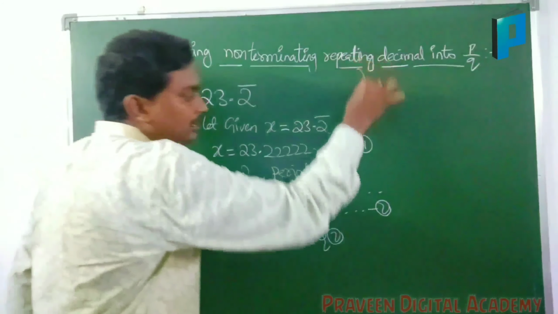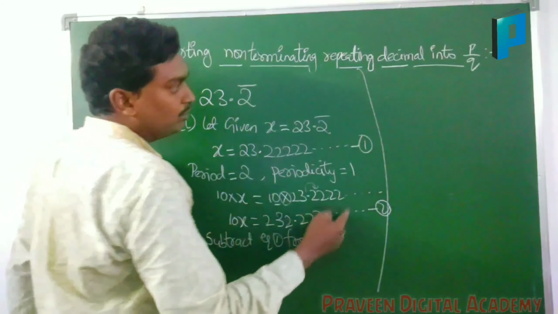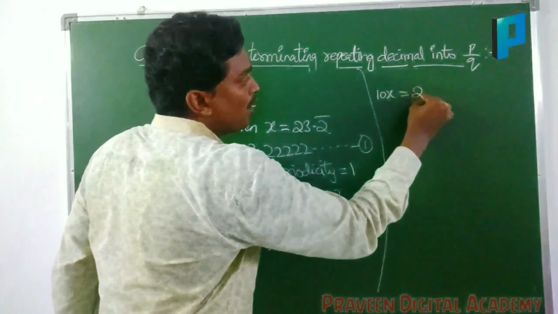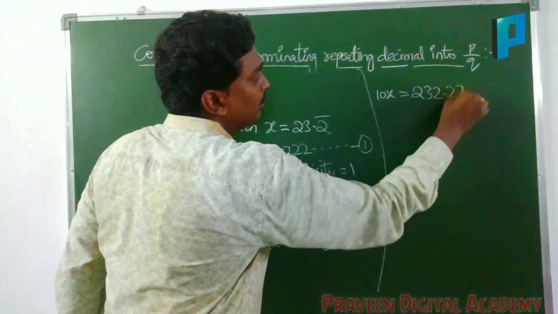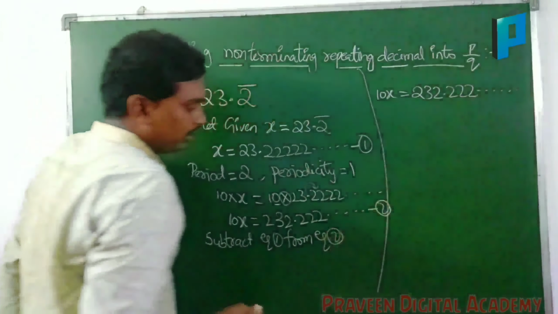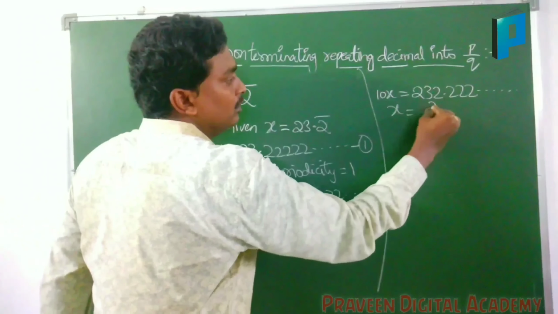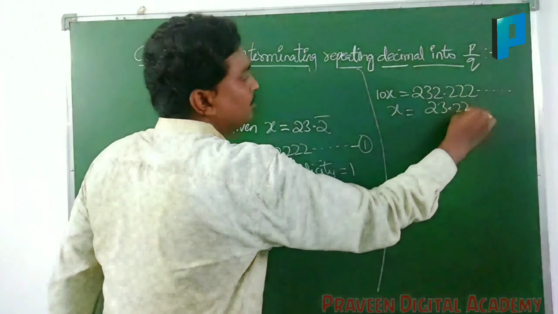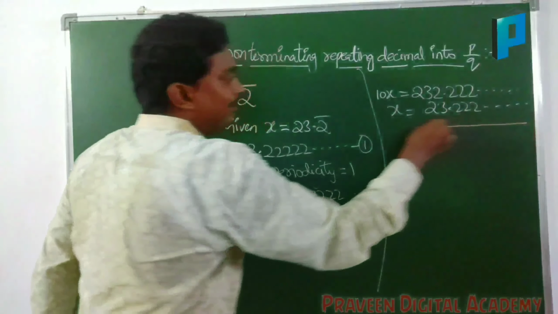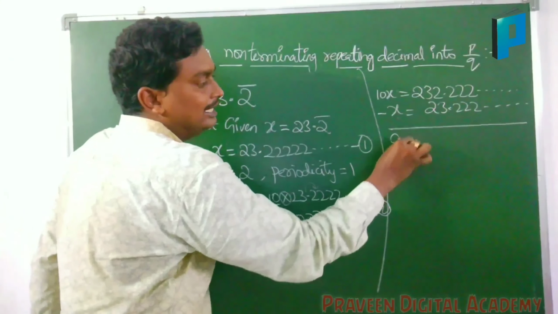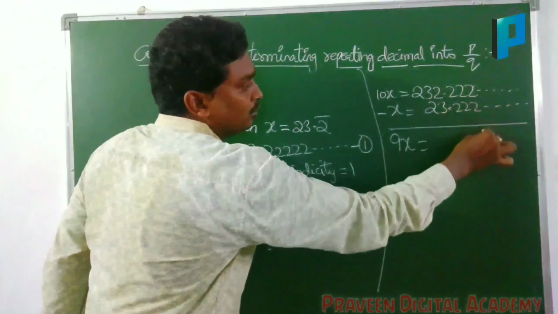Equation 2 is 10x is equal to 232.222 and so on. The first equation is x is equal to 23.222 and so on. Subtract both. 10x minus x is 9x. 2 minus 2, 0.